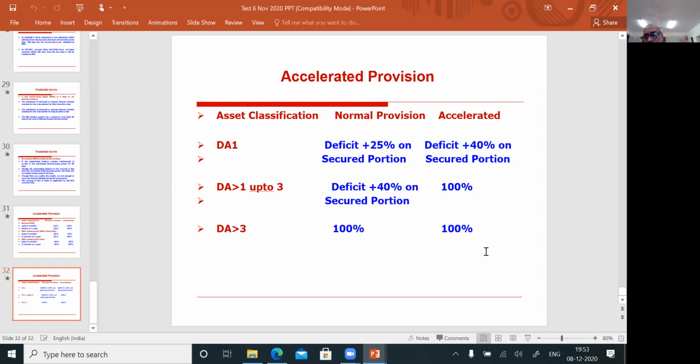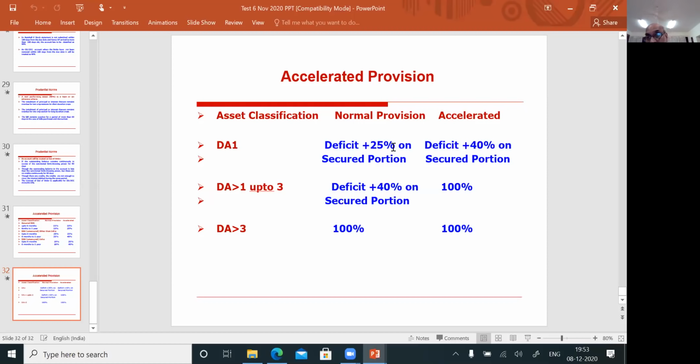Suppose the advance is classified as DA1, you will give a provision of deficit plus 25% on the secured portion. For not having classified it, you have to keep the accelerated provision of deficit plus 40% on the secured portion, even for DA1, instead of 25% on the secured portion.